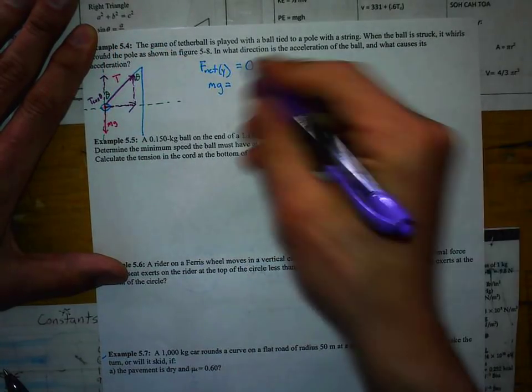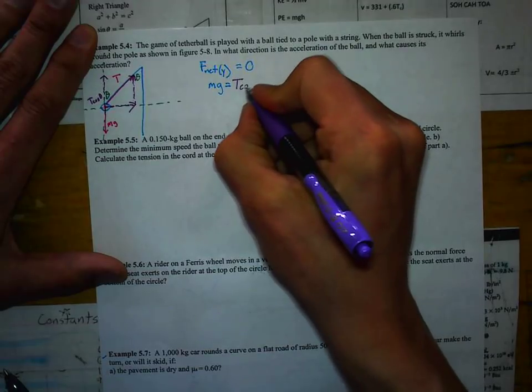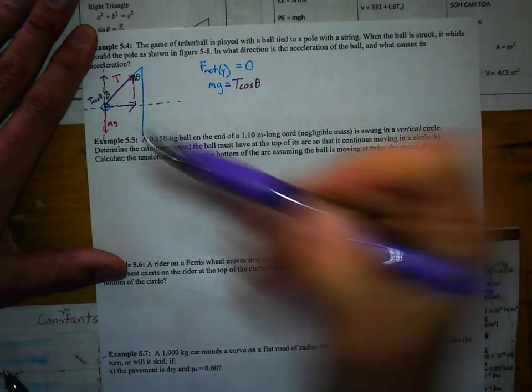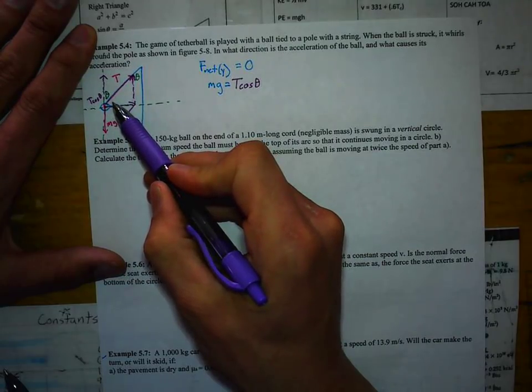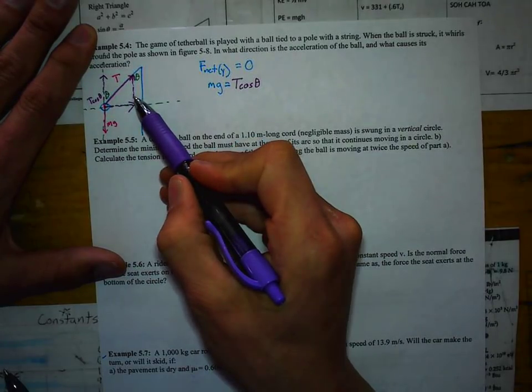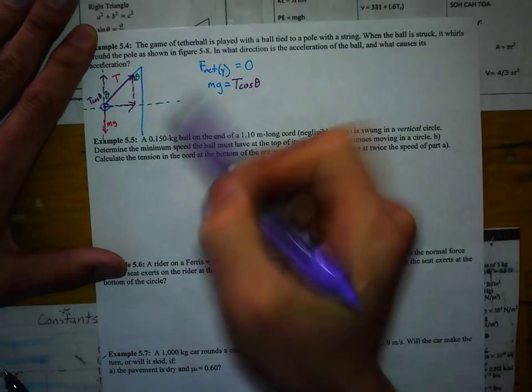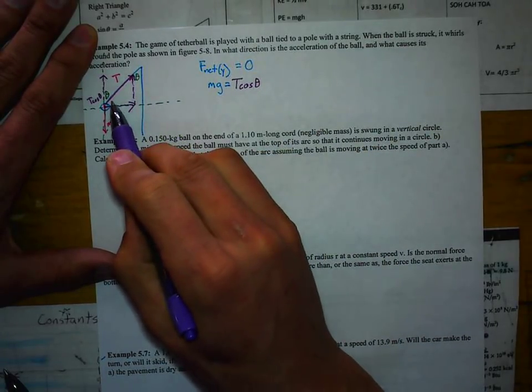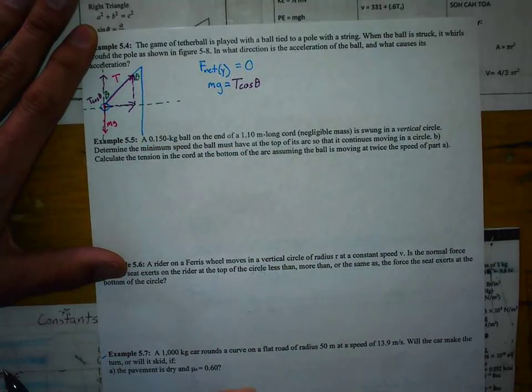Okay, so mg equals T cos theta. Alright, now Melissa's question was if we put theta here, then it would be T sine theta. That's how it would change it. Okay, and it would still be right. We just have a different value for our angle.